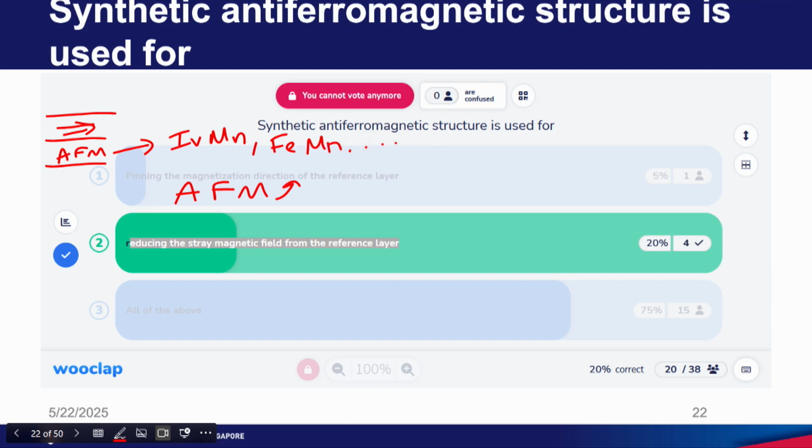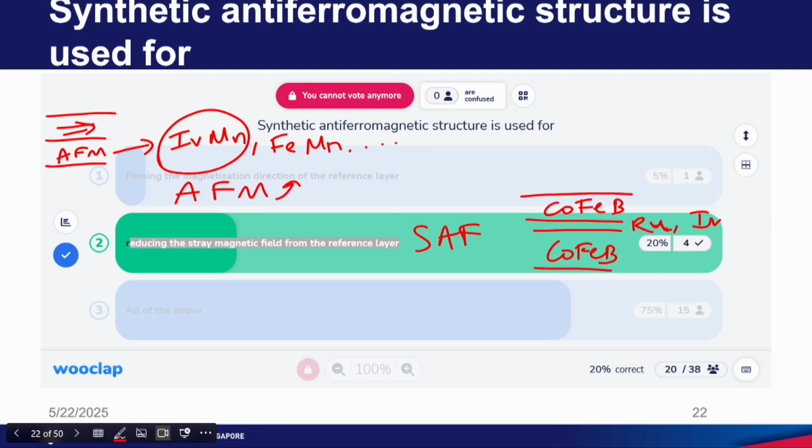When we are talking about synthetic antiferromagnetism, we are talking about two ferromagnetic layers like cobalt and boron separated by some material like ruthenium, iridium and things like that. So, this is synthetic antiferromagnetism. This is a natural material. This is a synthesized material. So, you should know the difference.